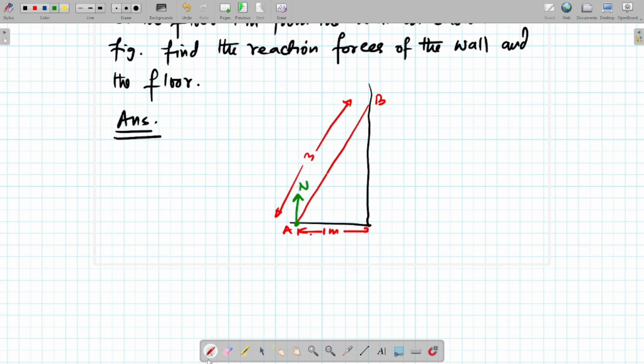True? And the friction would be in this direction, F, because it is clearly told in the question that there is no friction on the wall. This is your wall. Wall is frictionless.